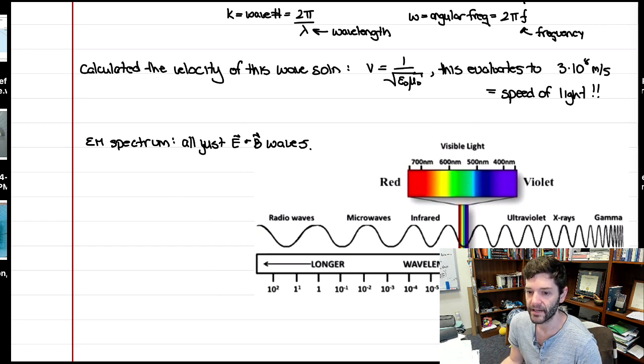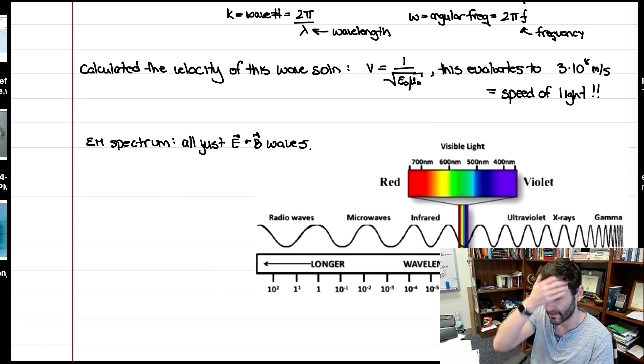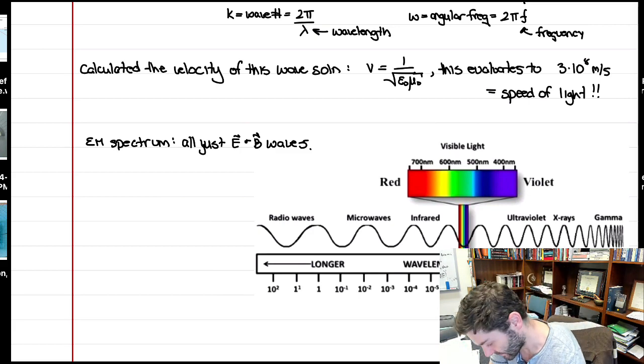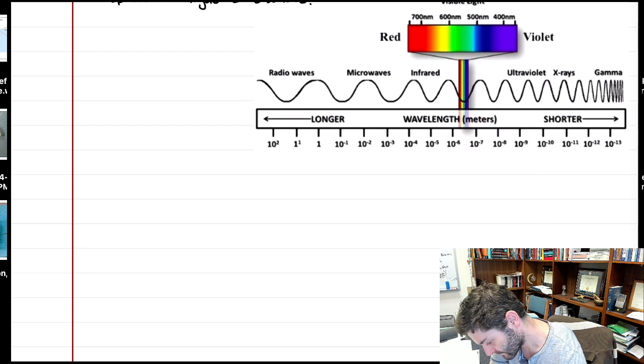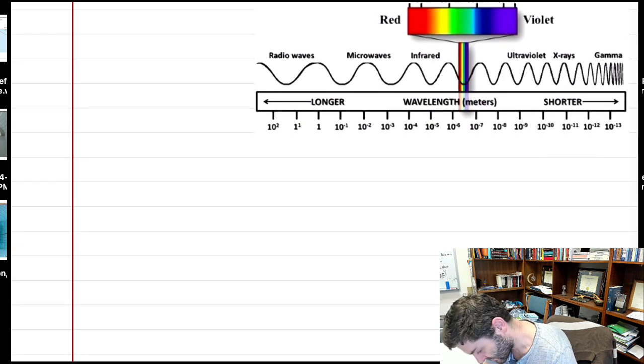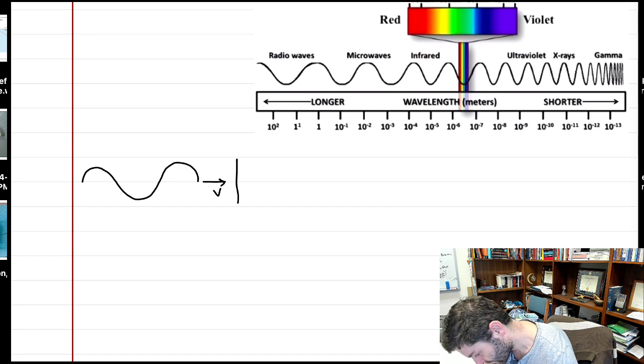Let me define some stuff just in case we're not all on the same page with what wavelength and frequency correspond to. So let's take a wave that is traveling this way at some speed. The wavelength is just the distance from peak to peak or trough to trough.